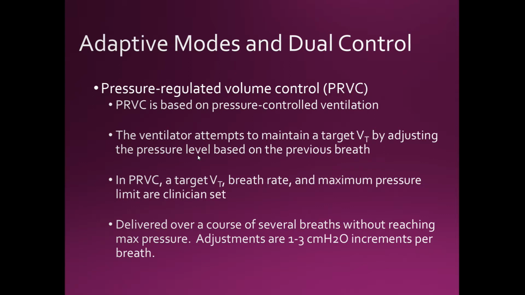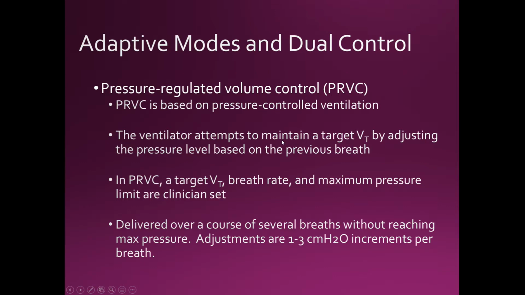So if I set a pressure of 20 and I'm hitting tidal volumes of 300, but I want 400, I have to start playing with the pressures. So if I'm at 20, I might have to go 22, 24, 26. And right when it gets to the tidal volume I want, then I'll stop. Here, this is automatically calculating.